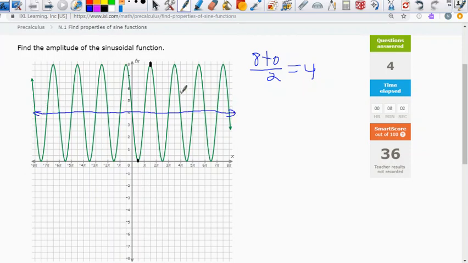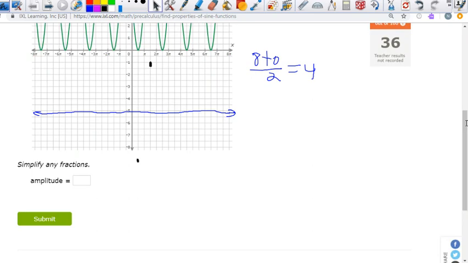And the distance between our midline and the maximum, that's 8 minus 4, so 4, that's our amplitude. So amplitude is 4. You can also find that as the average of the maximum and the minimum.